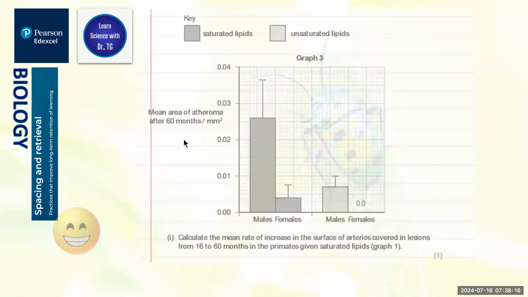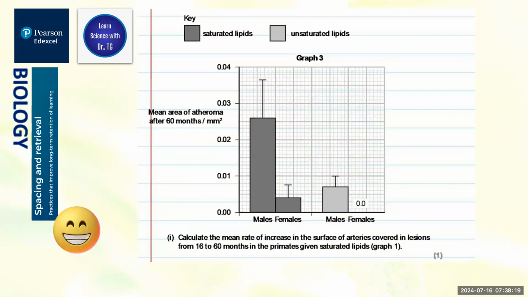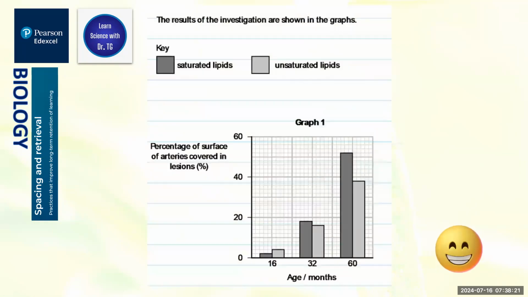Right. When we try to calculate the rate, it is very important to remember: the rate equals the change divided by the time. What is the change? The percentage of surface of arteries covered in lesions is the change. So from 16 to 60, you take the difference and divide by the time. At 16 months, the saturated lipid is 2, and at 60 months, the percentage increased to 52.